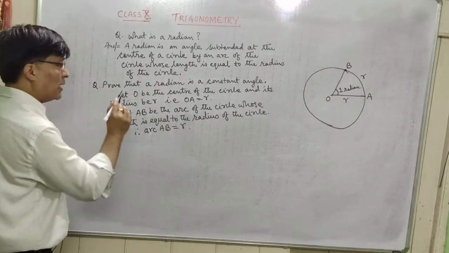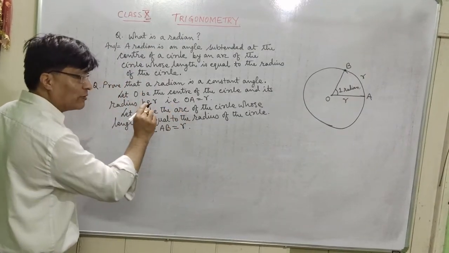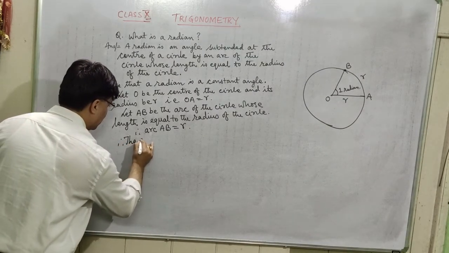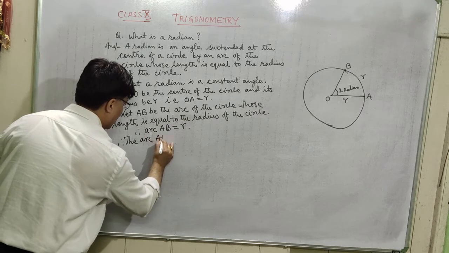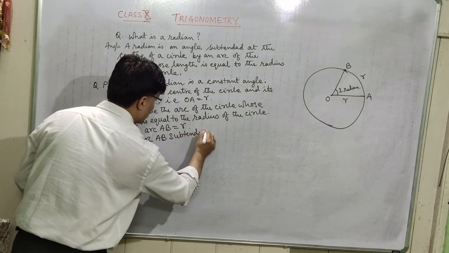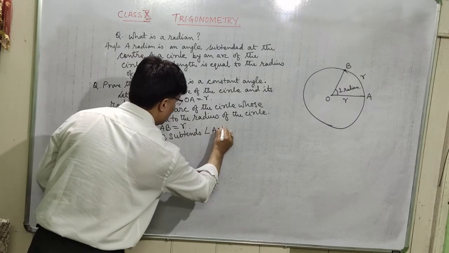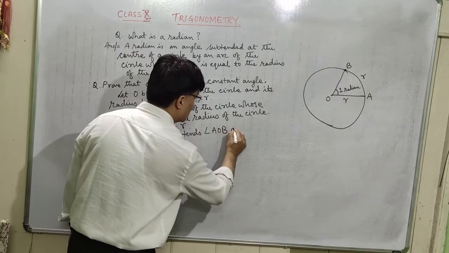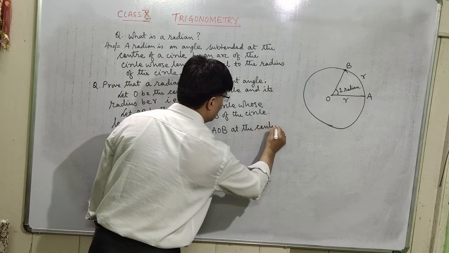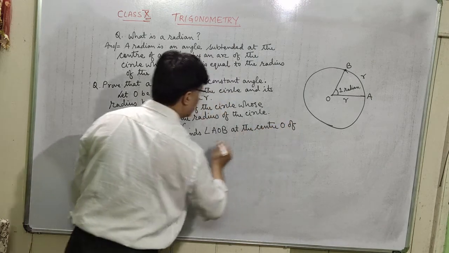So the arc AB subtends angle 1 radian at the center of the circle.